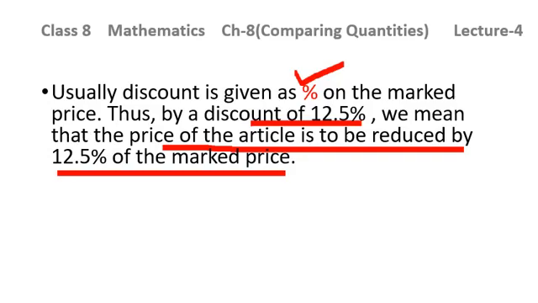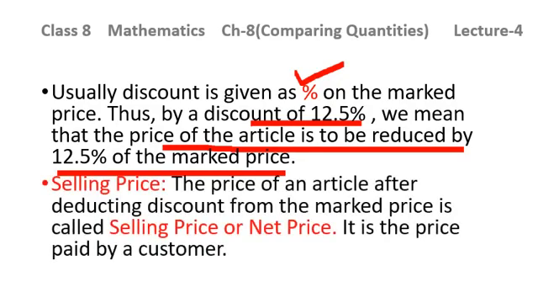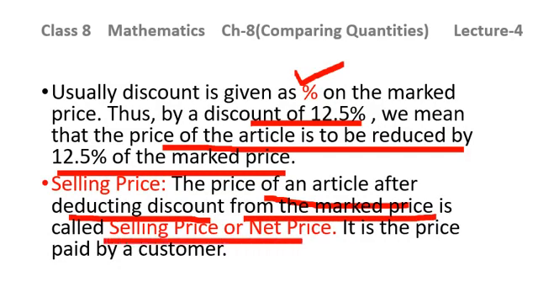You will be looking at the next definition. This is the selling price. The price of an article after deducting discount from the marked price is called selling price or net price.